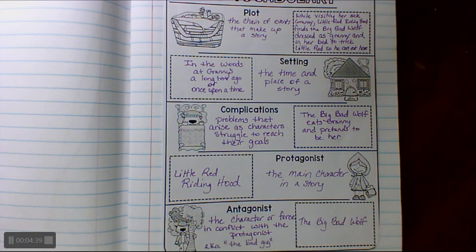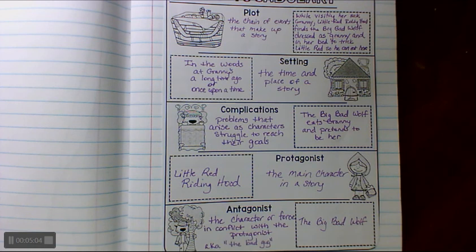Next, we have complications. What are complications? Complications are problems that arise as characters struggle to reach their goals. In the case of Little Red Riding Hood, her complications were that the big bad wolf eats Granny and pretends to be her. Makes it a bit difficult to give your Granny the food that you brought for her when she's been eaten by a wolf.